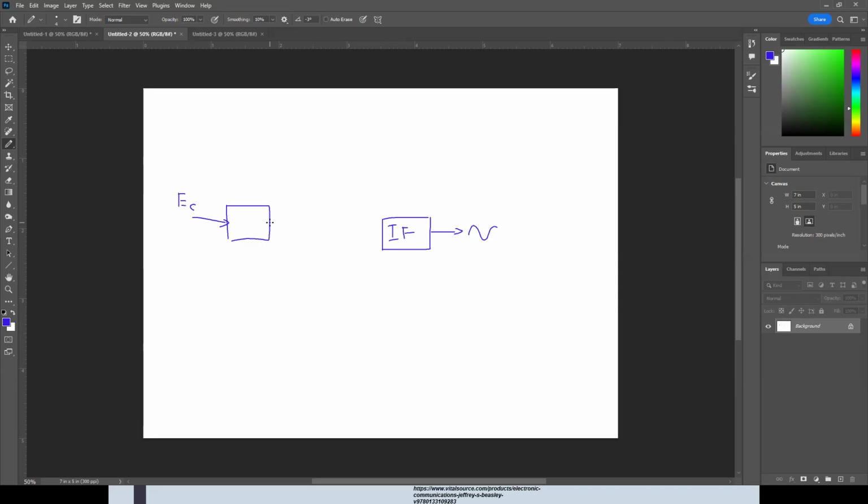Whatever it tunes to, it shoots that to another stage that converts, by applying some other oscillators here, that carrier frequency into one intermediate frequency. So whatever it is here, there could be many different frequencies.